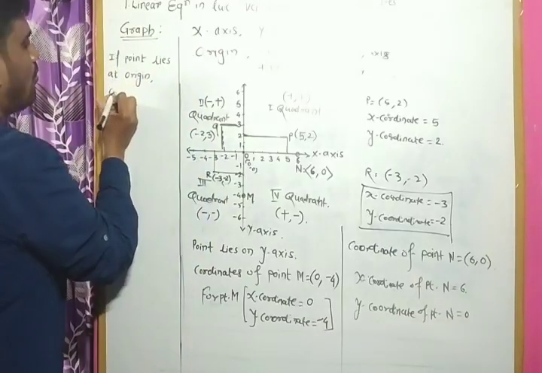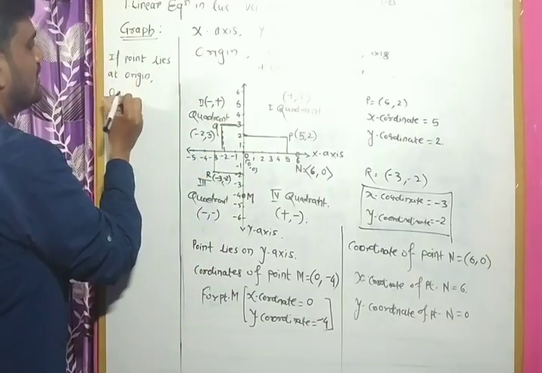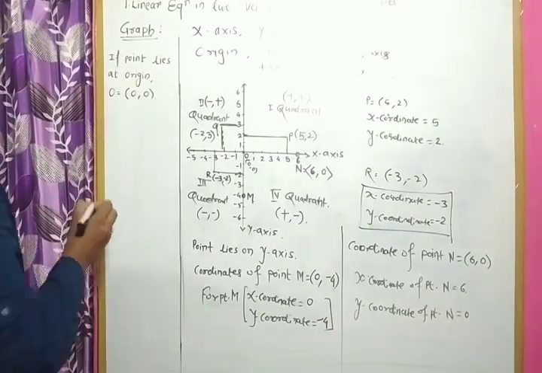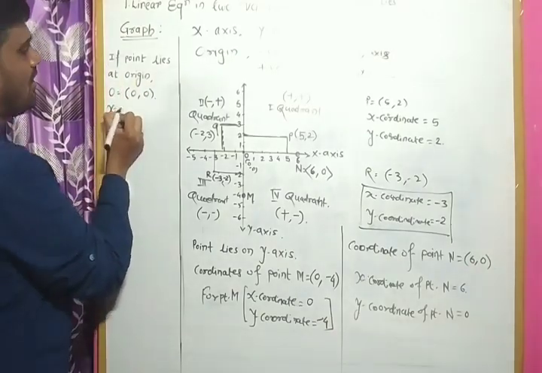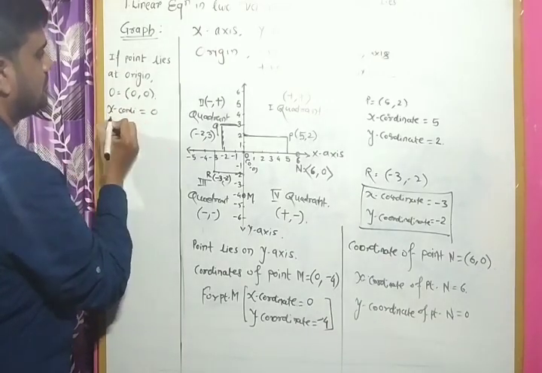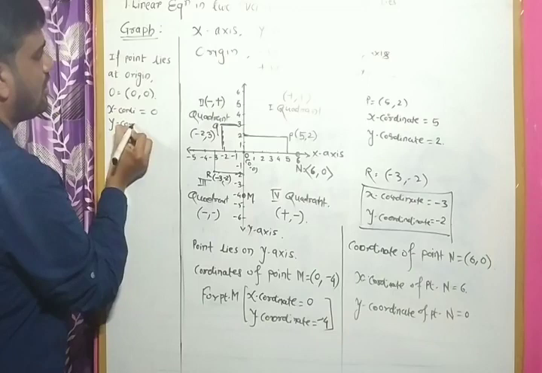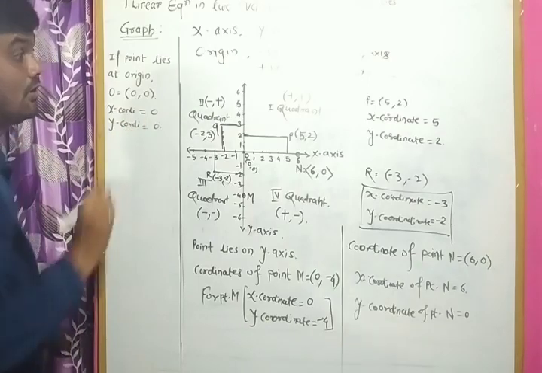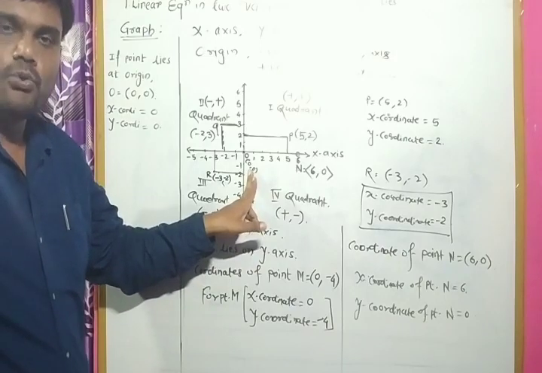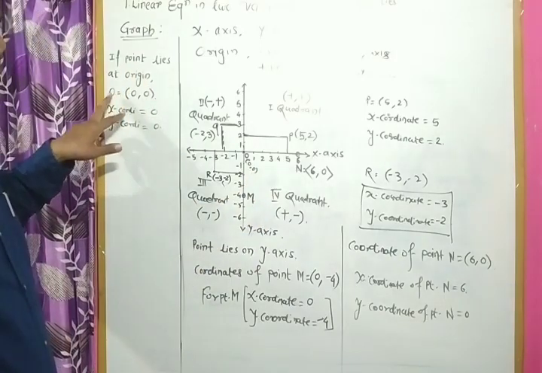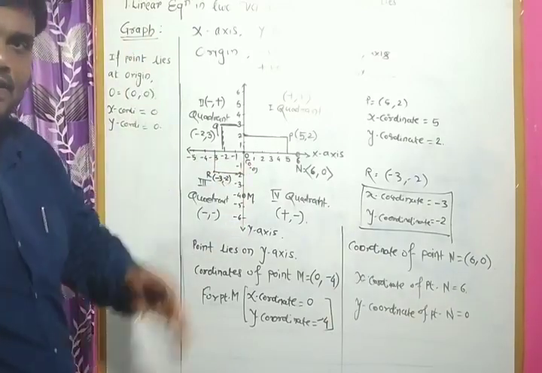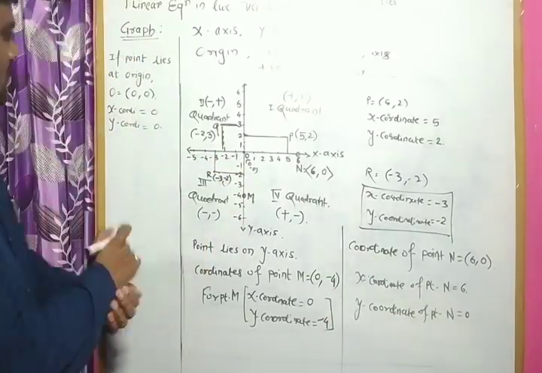So O is equal to 0, 0. Therefore, the x coordinate is equal to 0 and the y coordinate is equal to 0. At the origin, both of the coordinates are 0, 0. Right?